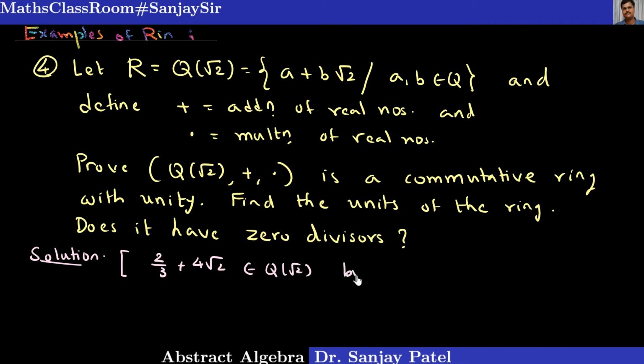But an element of the type root 3 plus 1 times root 2 does not belong to Q root 2, because this part is not a rational number, it is an irrational number. So both the numbers a and b must be rational. This root 2 is fixed, and there is nothing special about it. You can put root 3, root 5, anything. This kind of set is always a ring.